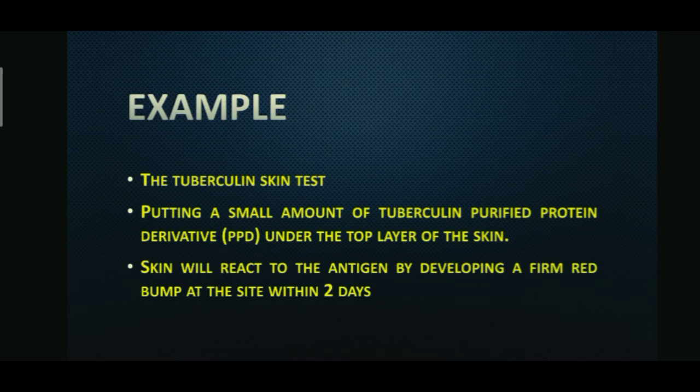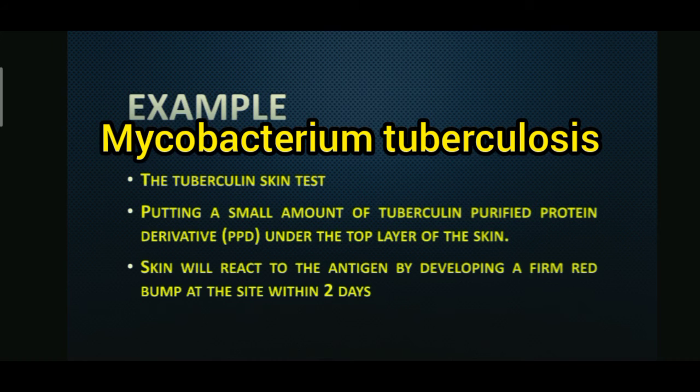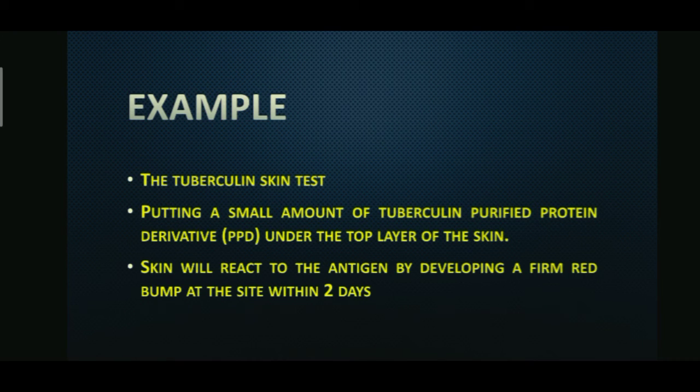If a person has ever been exposed to Mycobacterium tuberculosis, which is responsible for cases of tuberculosis in human beings, the skin will react to the antigen by developing a firm red bump at the site within 2 days. It is a standard method of determining whether a person is infected with Mycobacterium tuberculosis.